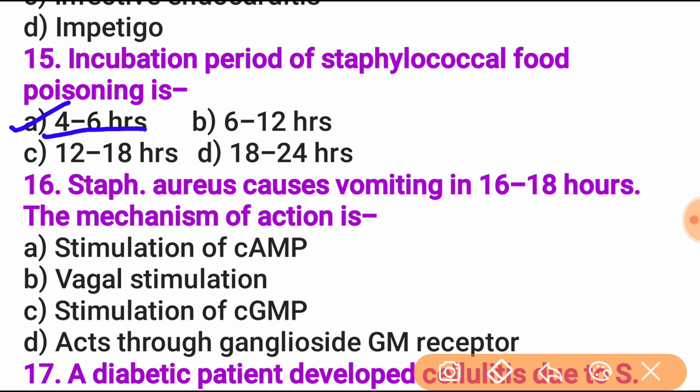This is a frequently asked question: incubation period of staphylococcal food poisoning, the criteria and clinical features of food poisoning. So you have to remember all the things about staphylococcus and streptococcus. This is most important in NEET PG, AIIMS PG, all PG exams.